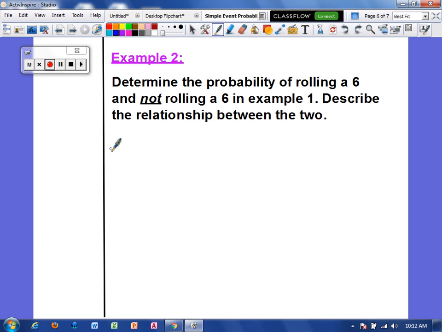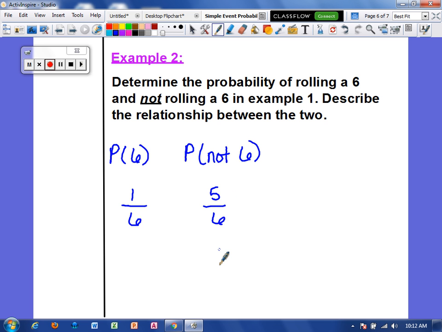So we want the probability of rolling a 6. Well, there is one side that contains the 6 dots out of 6 total sides on the die. So the probability of rolling it is 1/6. Now the probability of not rolling a 6, well, there are 5 sides that do not contain 6 out of 6 total.